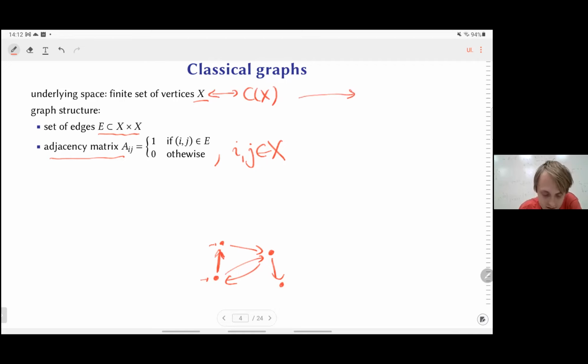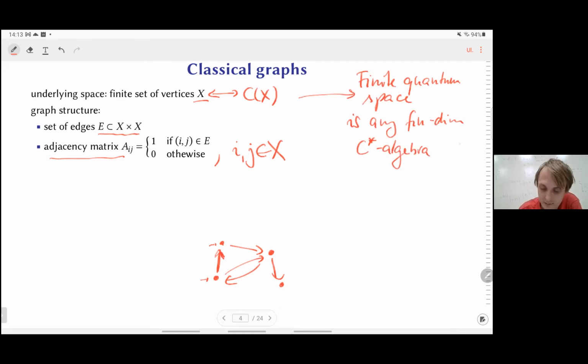And so now the natural definition is that a finite quantum space is any finite dimensional C-star algebra, because finite dimensional commutative C-star algebras are exactly algebras of functions over finite spaces.